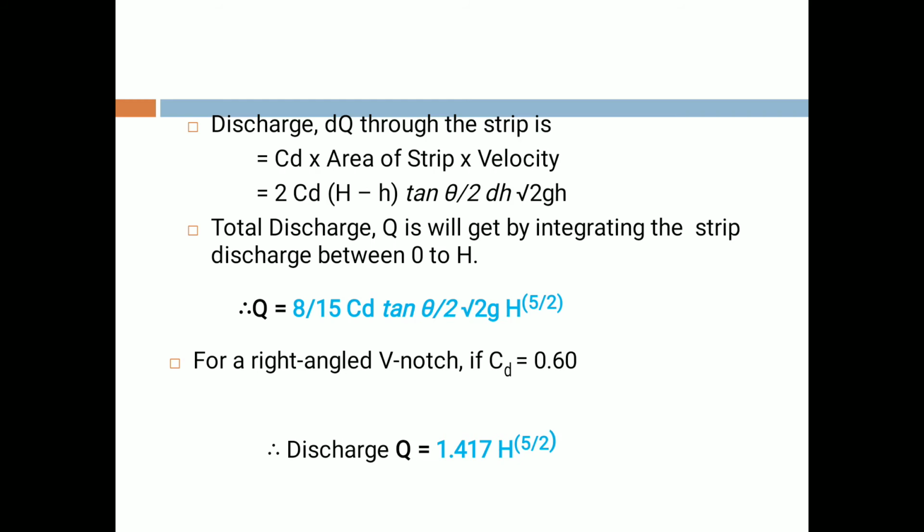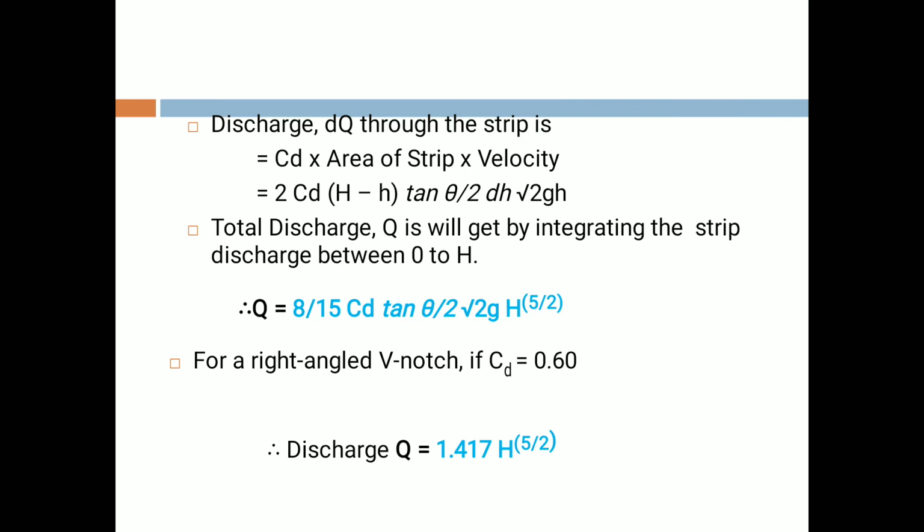That is Cd multiplied by area of strip into velocity, and this velocity is the theoretical velocity, which is equal to 2 into Cd into (H minus h) tan theta/2 into dh into under root 2gh.